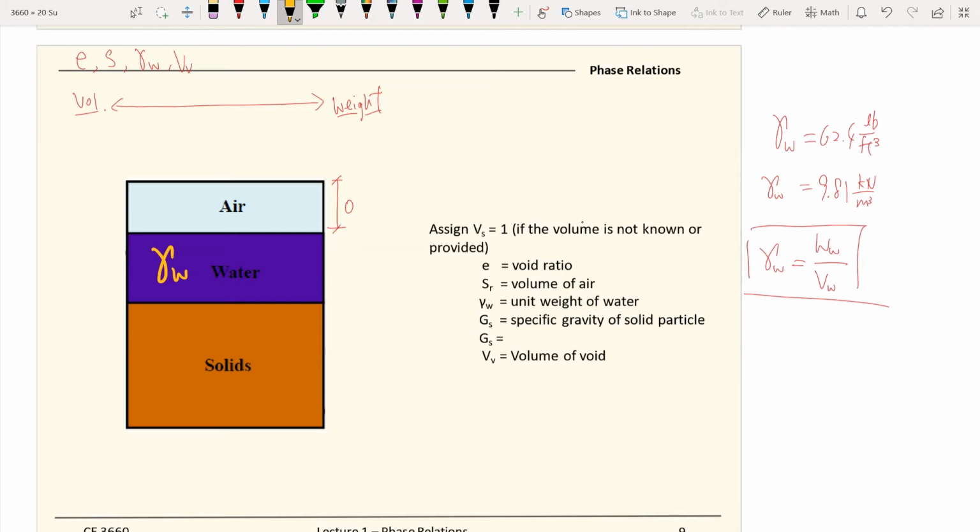The other very useful piece of information is G sub S, the specific gravity of solid. G sub S by definition is equal to the unit weight of solid relative to the unit weight of water.